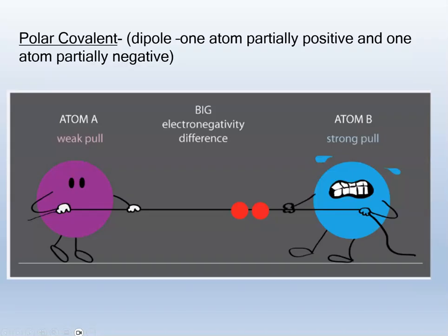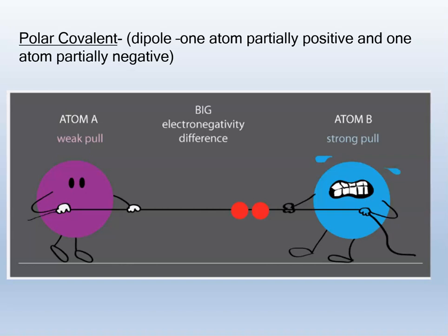If you have a polar covalent, I'm just going to introduce this word dipole because some of you will go on into Chem 2. A dipole means two poles. It means one side is going to be slightly more positive and the other slightly more negative.